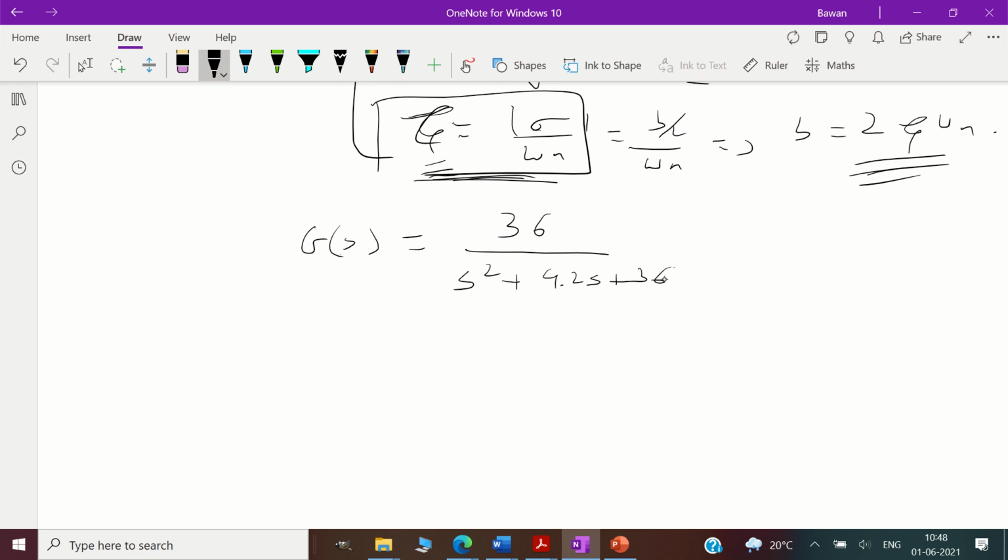You have to compute the following: zeta, omega n, and the roots s1,2. So for this, omega n is very simple.